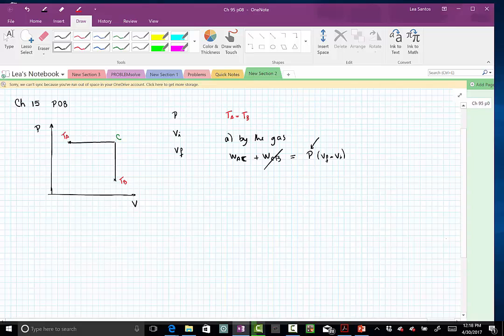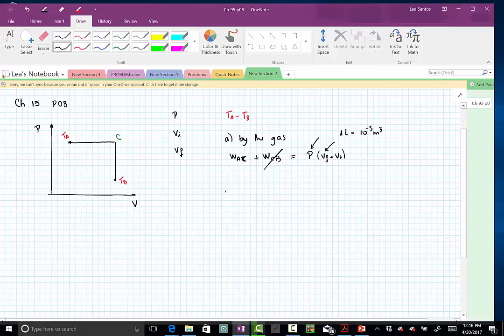The pressure they gave us in atm, so change it to the international system. The volume they give us in milliliters, so remember to convert from liters to cubic meters, like this. Okay, and that's it. So then you're going to get the number for part A.